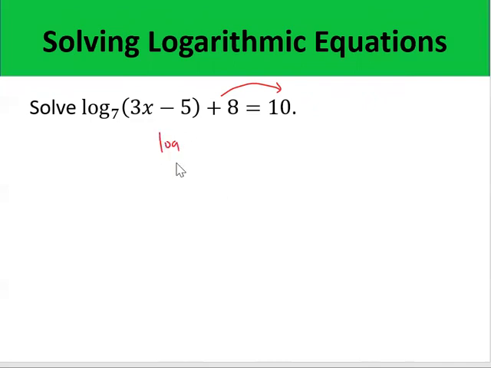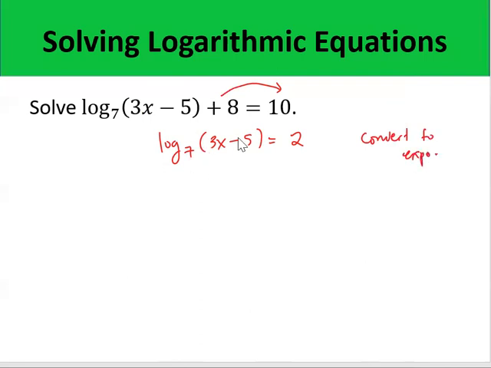So we write this as the logarithm of 3x minus 5 to the base 7, and this is going to be 10 minus 8, which is positive 2. And then since we have a single logarithm equals a constant, we have to convert to exponential.